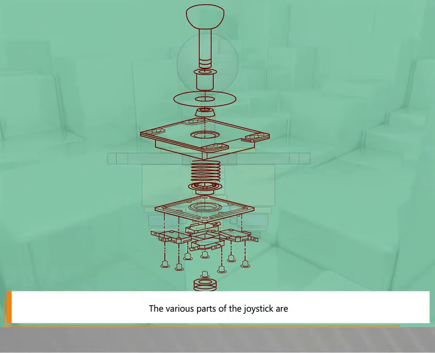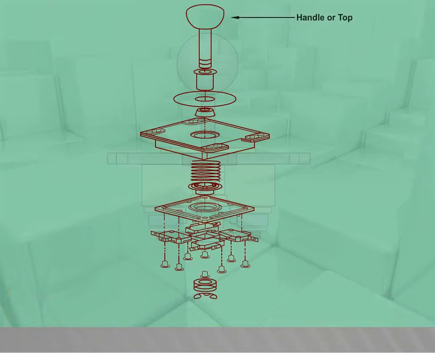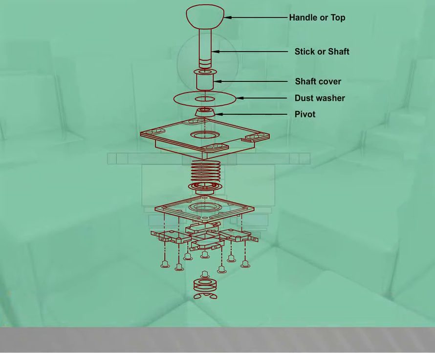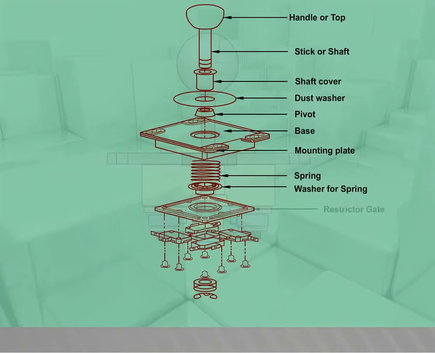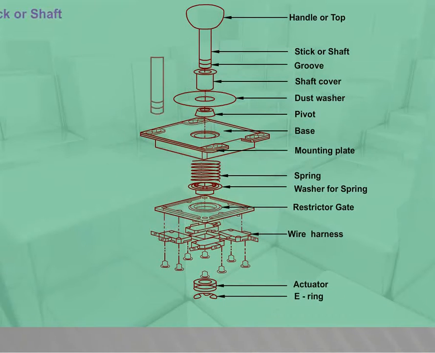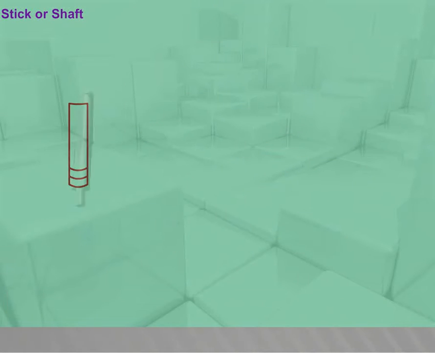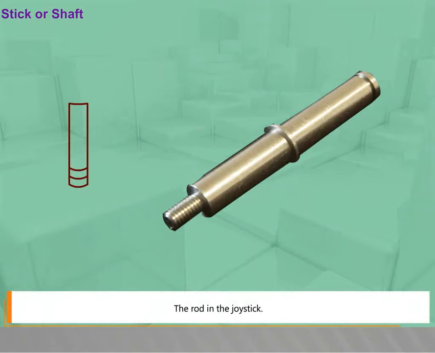The various parts of the joystick are handle or top, stick or shaft, pivot, mounting plate, spring, restrictor gate, wire harness, actuator, E-ring.